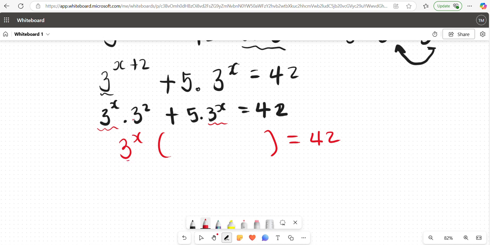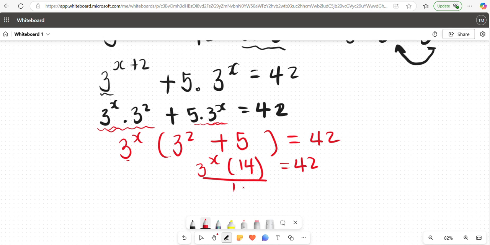So 3 to the power of x times what would give me back this full first term? It has to multiply with the 3 to the power of 2. 3 to the power of x times what would give me back this full second term there? It has to be multiplied with a positive 5. So this 3 to the power of 2 plus 5 would just give me 14. So I end up with a 14 equal to a 42 there.